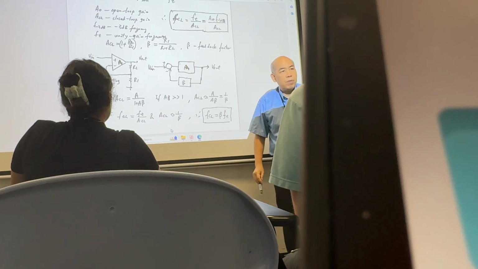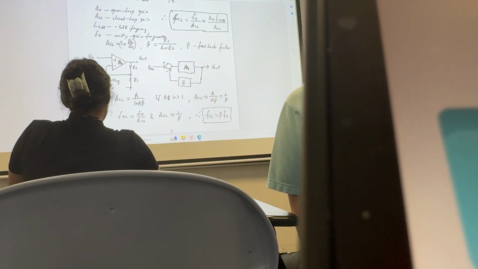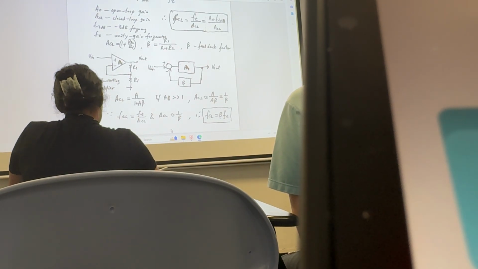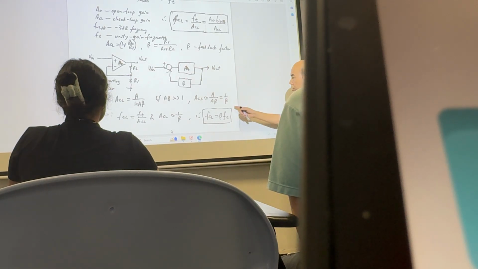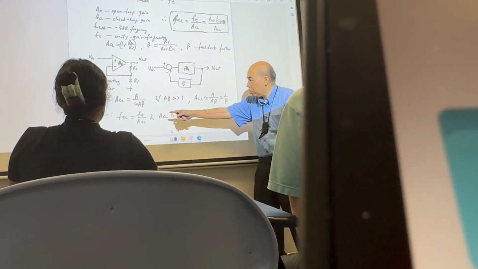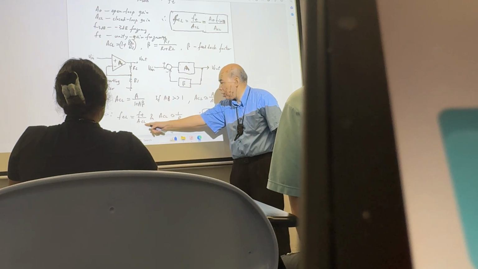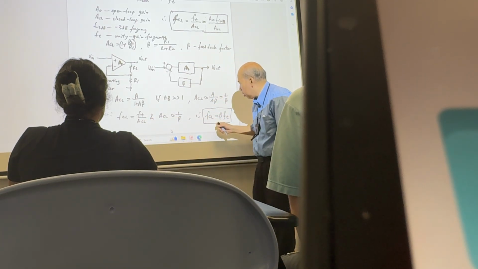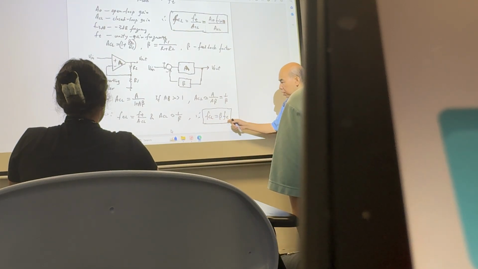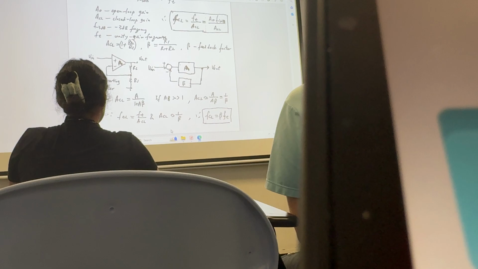So if you know the feedback factor, you can indirectly calculate the closed loop bandwidth, right? Closed loop gain is about 1 over beta, because of the approximation. We know that closed loop bandwidth is FT over ACL, and ACL is about 1 over beta. You can see that the closed loop bandwidth is beta times FT. So if you know the feedback factor and the unity gain bandwidth, then you can calculate the closed loop bandwidth.